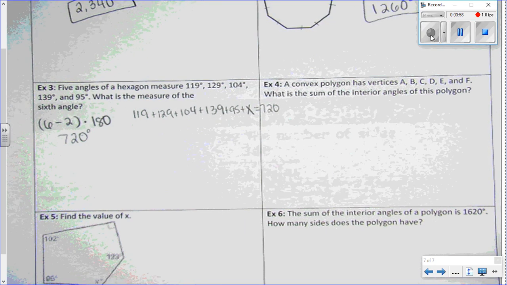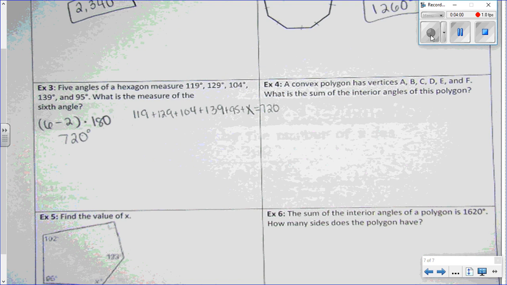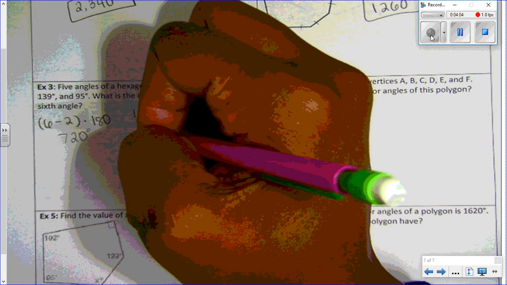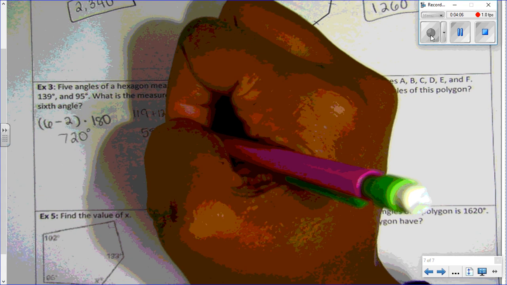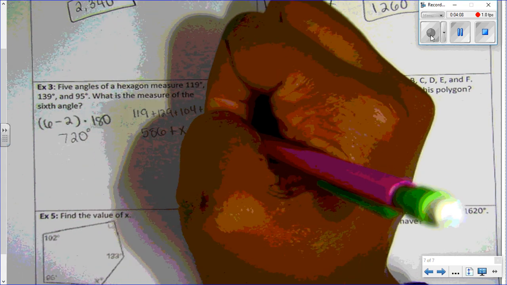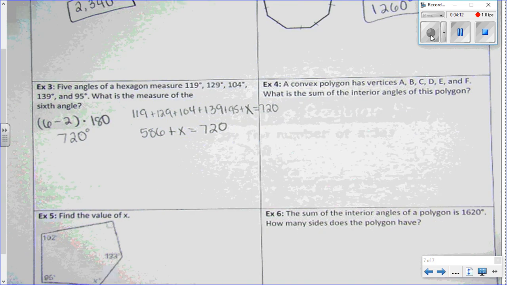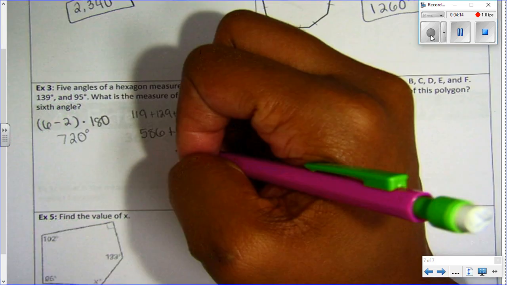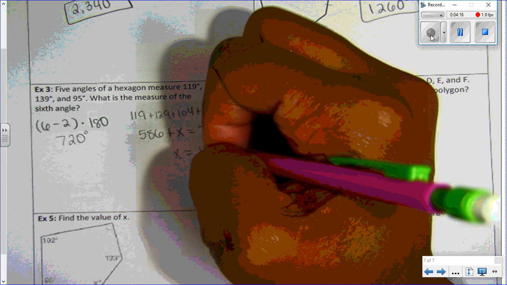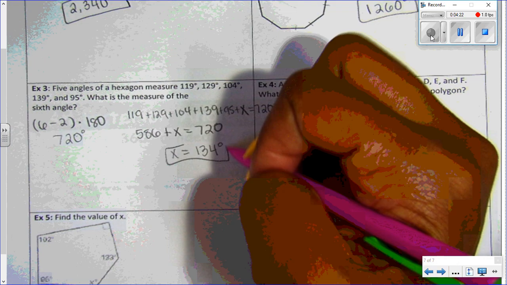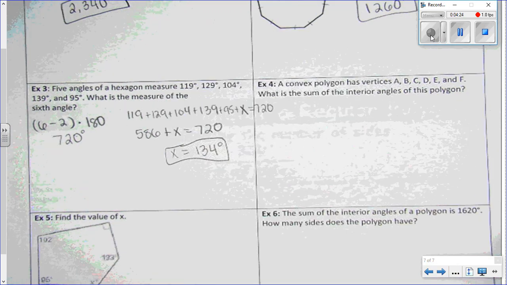If I add up all the angles I was given, those add up to 586. So we get 586 plus x equals 720. Now we just solve for x. So that 6th angle is 134 degrees.